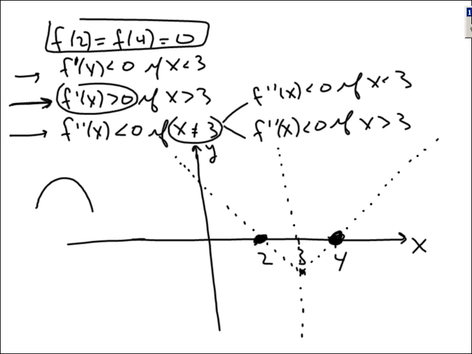So less than 3, it goes like that, concave down. More than 3, concave down.